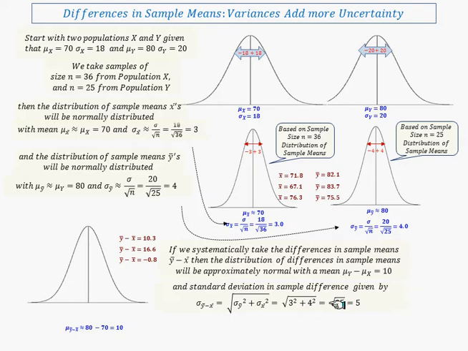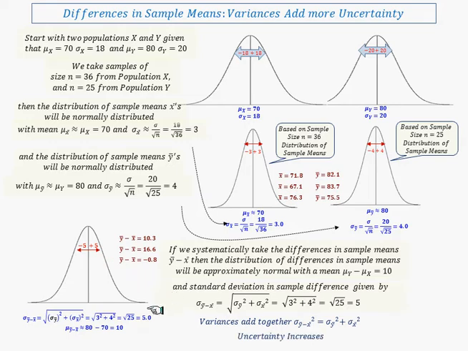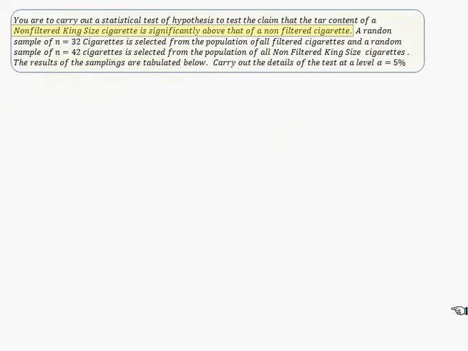And applying Pythagoras' result, this results in the standard deviation in y bar minus x bar of 5.0, which is rather strange because the variances add together in the sense of Pythagoras' theorem, and we're saying that is similar to two independent vectors. Independent means perpendicular to each other, and the square on the hypotenuse is equal to the sum of the squares on the other two sides.